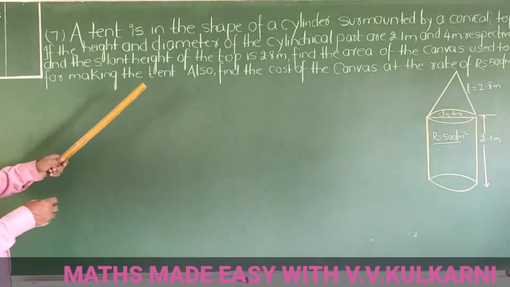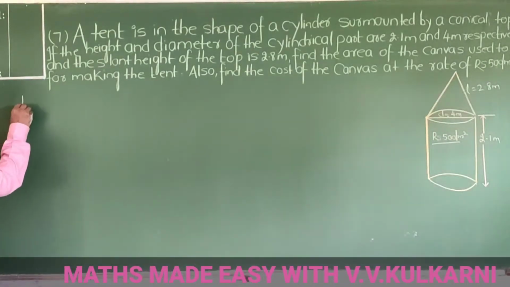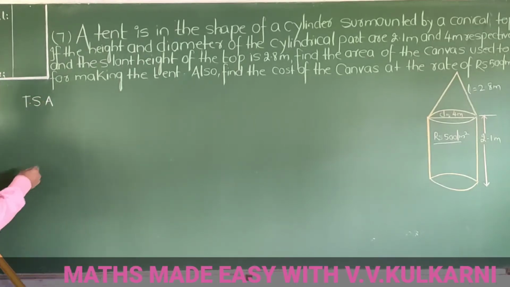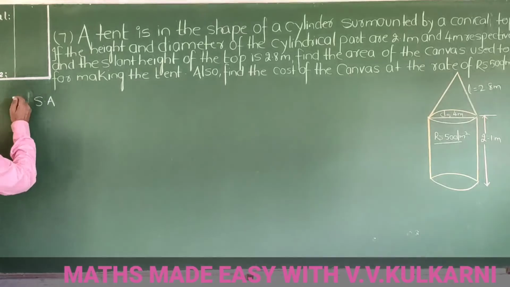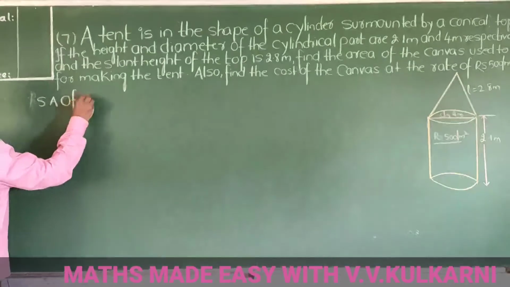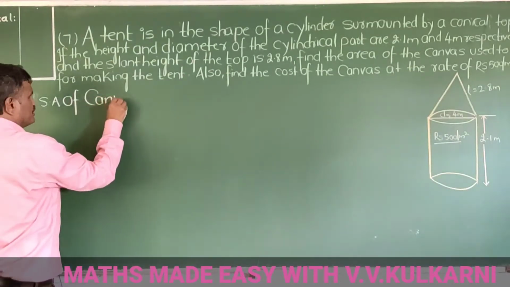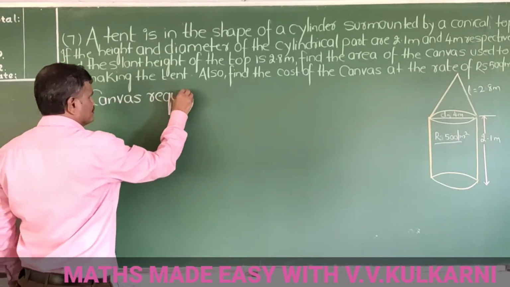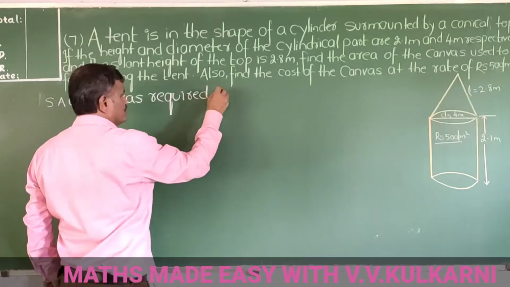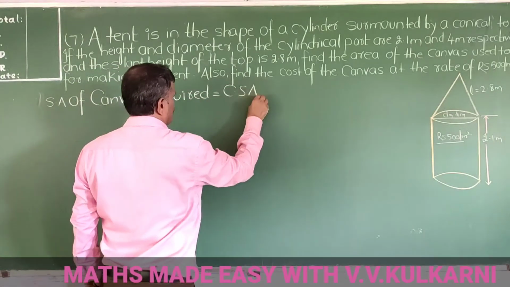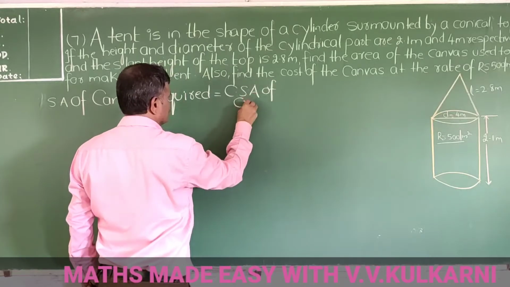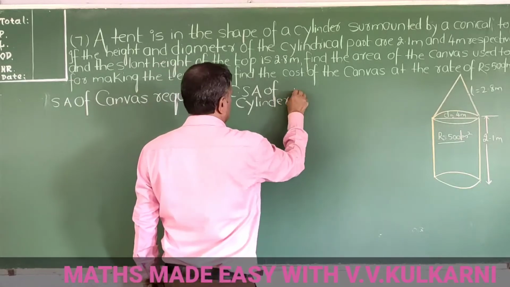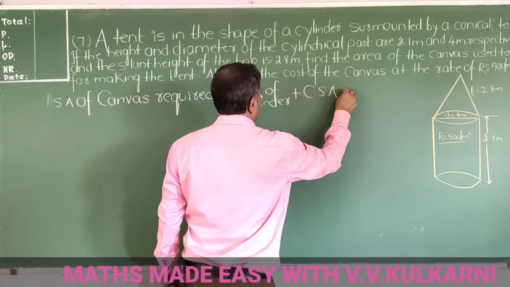So what I write here is the surface area of canvas required is equal to curved surface area of cylindrical part plus curved surface area of cone.